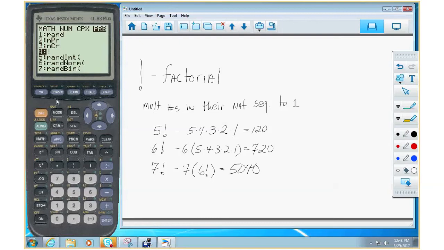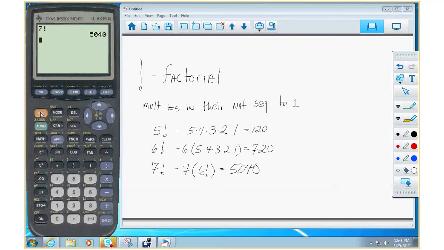General announcement. Okay, so 7 factorial, you type in 7. Then Math, Probability, and go down to factorial, and there it is. Enter. Now, what if you want to do 8 factorial? Well, you don't have to do all that.